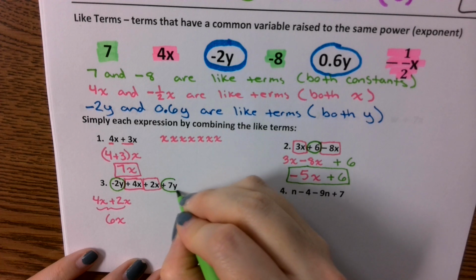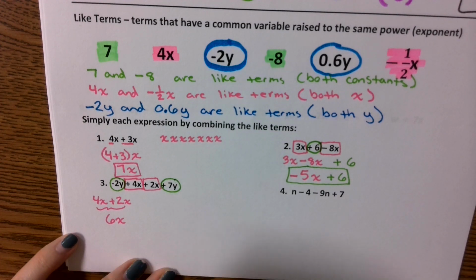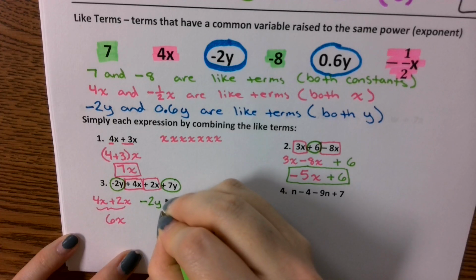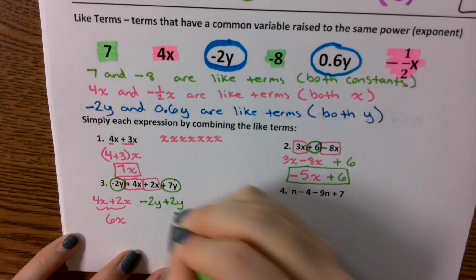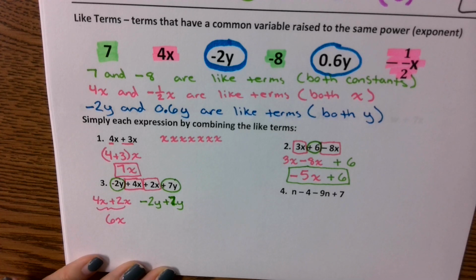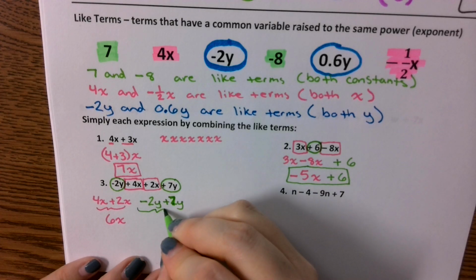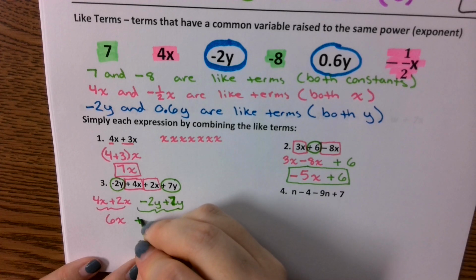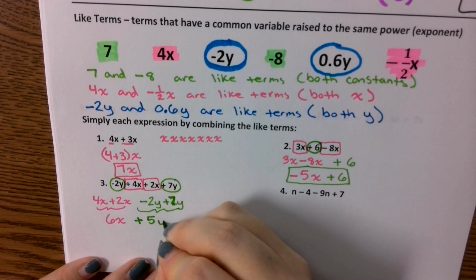This positive 7y is going to belong with the negative 2y. So we're going to take negative 2y plus 7y. Well, what's negative 2 plus 7? Positive 5. I love that you said positive 5 because that means I'm going to put a plus sign here, a positive 5y.